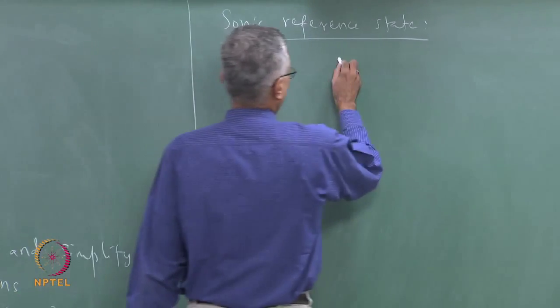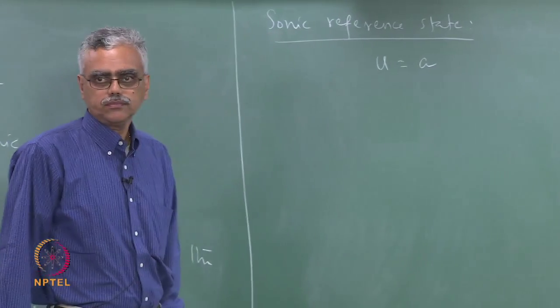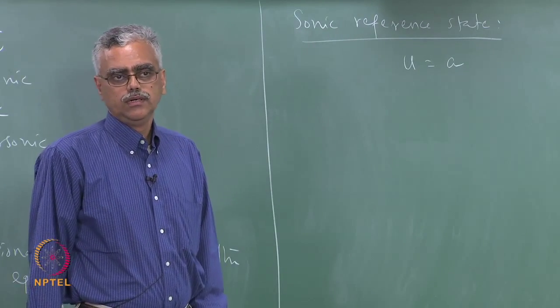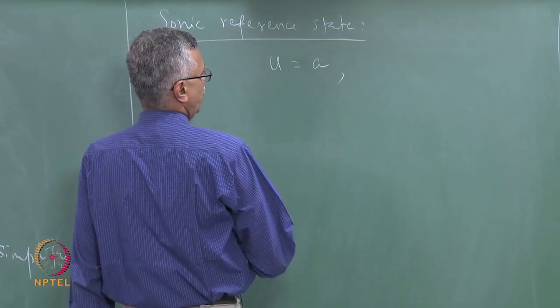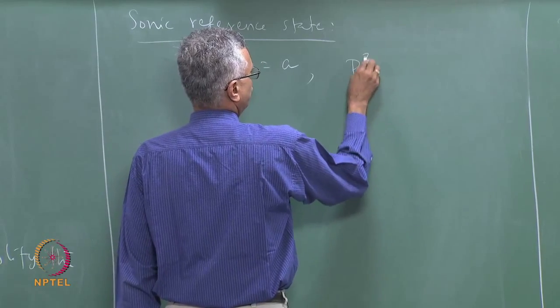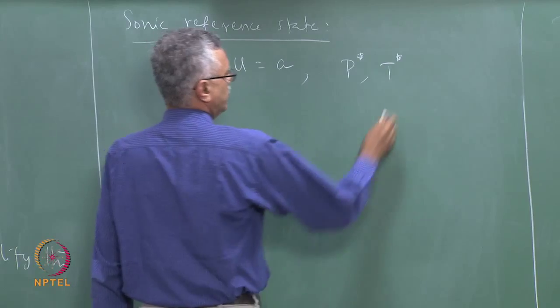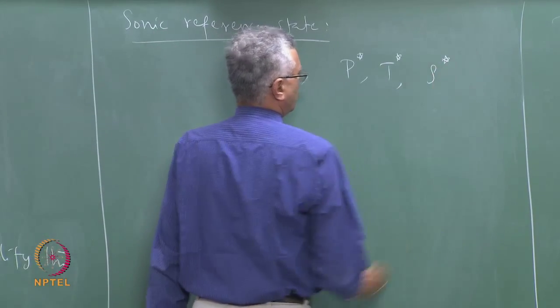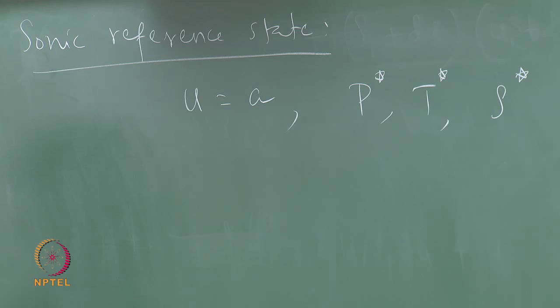So, the sonic state is one where the local velocity becomes equal to the speed of sound. Now, other properties at this state point are indicated with the superscript asterisk. So, pressure at this state is usually denoted as P star, temperature is denoted as T star, right, density is denoted as rho star. So, we use the superscript star to denote that it is a sonic state.